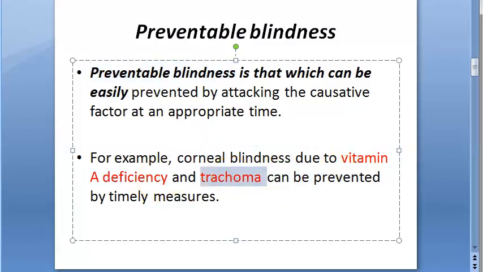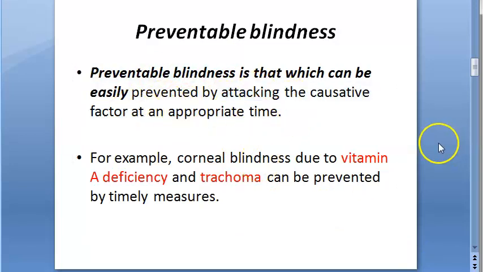When it comes to trachoma, they will do a lot of hygiene measures, and they also give mass antibiotics, isn't it? That is what we studied in trachoma. Let's go back and visit that. But just remember here, preventable blindness: you can easily prevent it by attacking the causative factor. Take a lot of vitamin A.